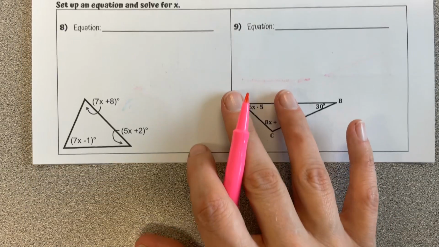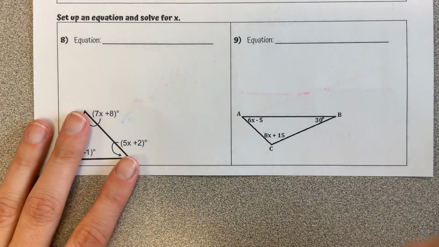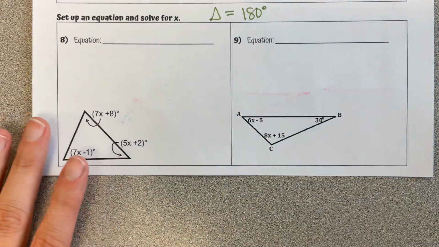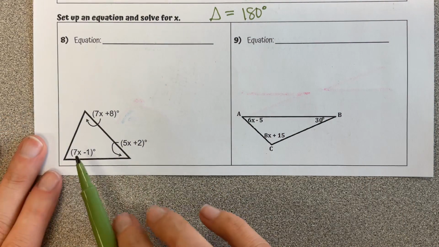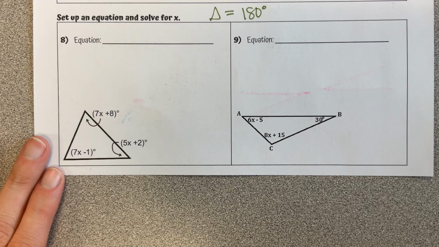Now, the last lesson, slightly different than angles, but still involves angles, is our triangles, triangle sums. Reminder that a triangle adds up to 180 degrees. So when we are given these 3 angles, they add to a total of 180. We can write the whole thing out here.